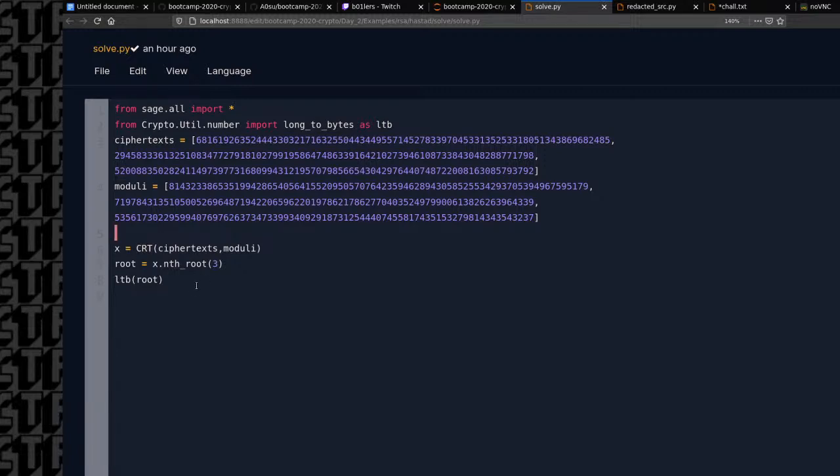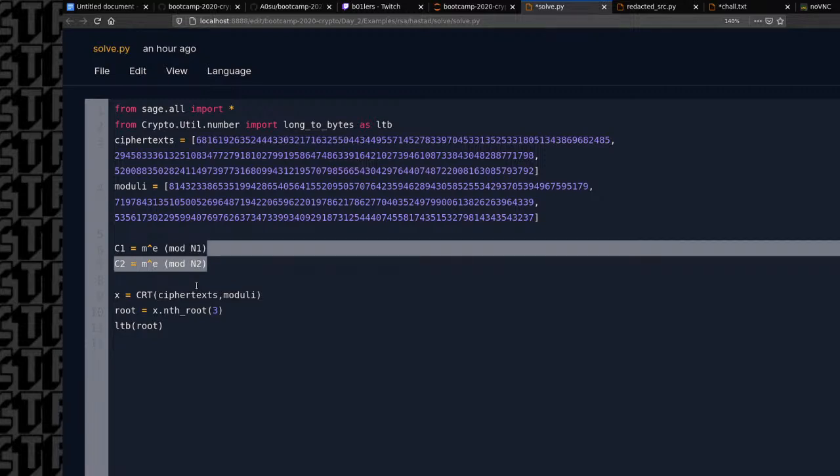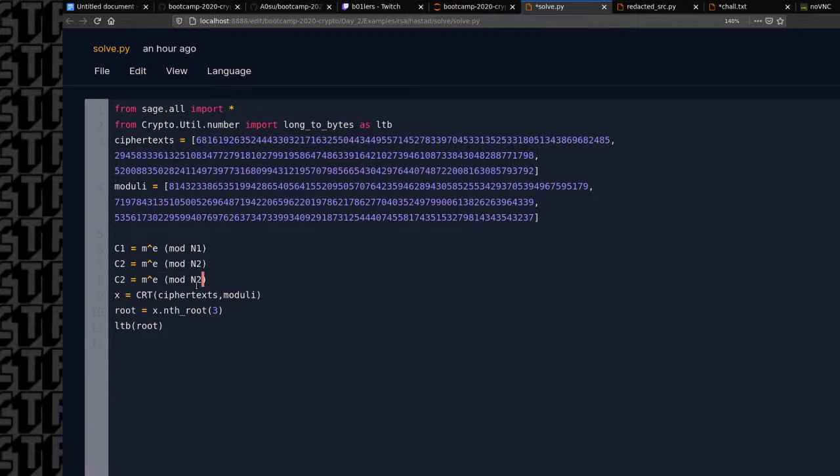Essentially, for the first ciphertext, C1 is congruent to m raised to e mod that first value of n, and then C2 and N2. So it'll look something like that.